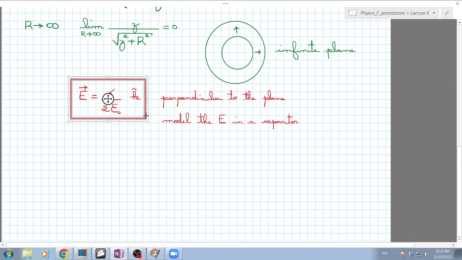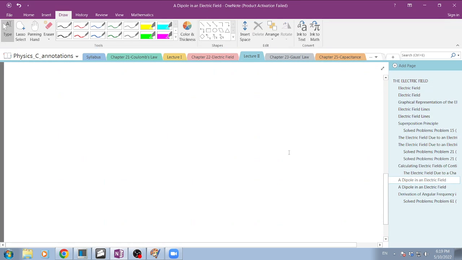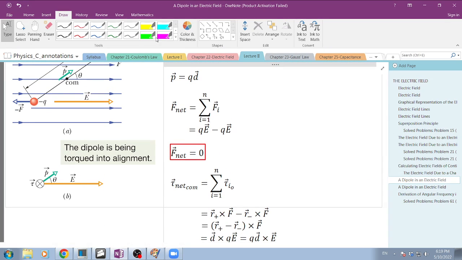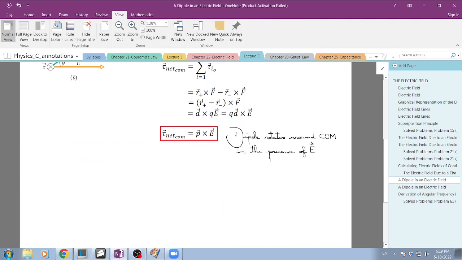I had one more thing planned for you guys, which was to explain what happens when you have a dipole in an electrical field, but we don't have time for that today. But it's kind of easy, right?